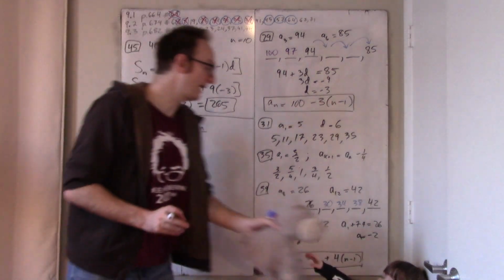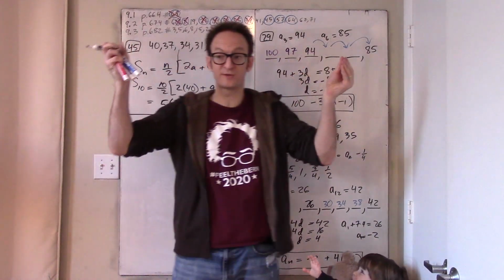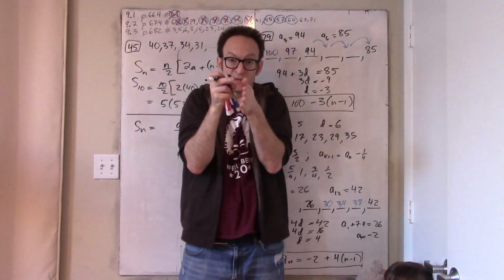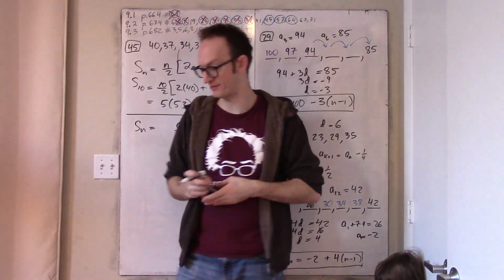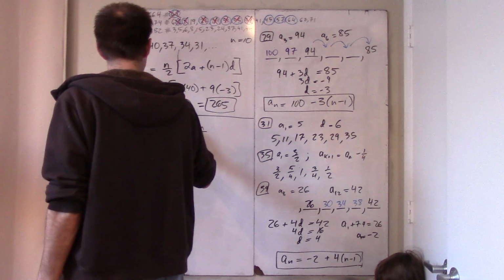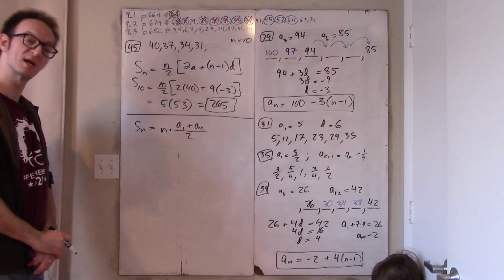After all, because it's arithmetic, the first term and the nth term are symmetric about the center, but so are the second term and the second to last term, etc. So if you take all those terms and multiply by n, that gives you the sum of the first n terms.